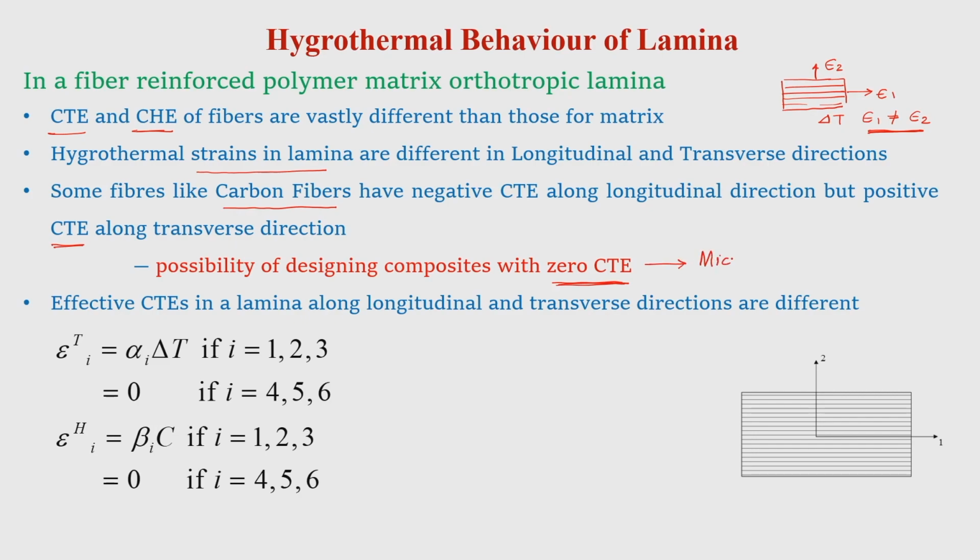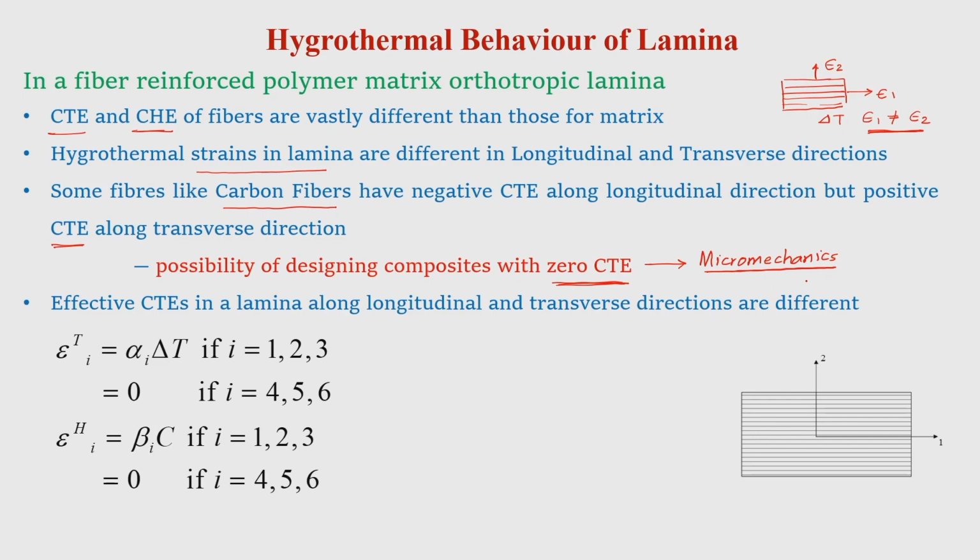Now, we are discussing everything under macromechanics, where we are not considering the fiber and the matrix as different entities. In a lamina, we consider the lamina to be kind of homogeneous, but we will discuss this, that because the fiber and matrix properties are different, and because for some fibers the coefficient of thermal expansion in the longitudinal direction is negative, that leads to the possibility of designing composites with 0 coefficient of thermal expansion, which is very important.